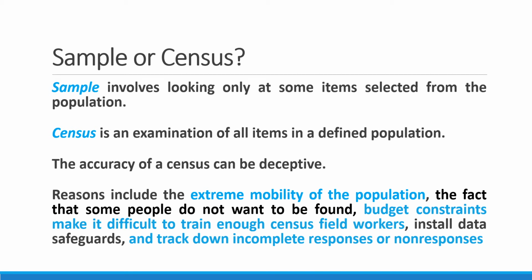However, the accuracy of census is in doubt or deceptive. How is that? There are many reasons, including the extreme mobility of the population. If for example we are collecting census data about Egyptian citizens, we are counting all demographic data about Egyptian citizens.